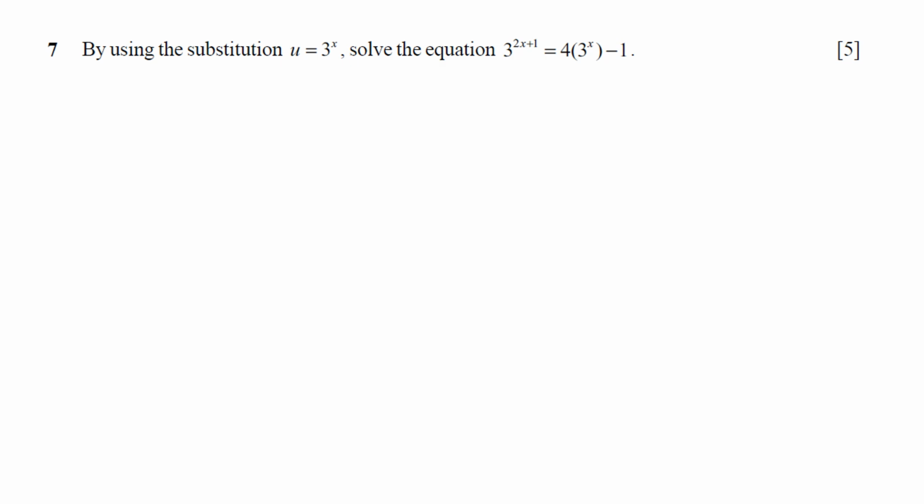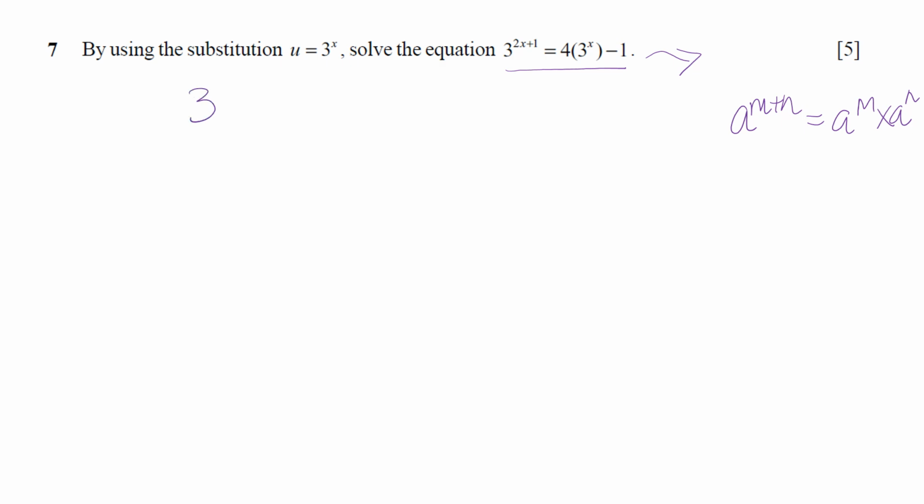I like chapters on indices. All right, so let's do 7. By using the substitution u equals 3 to the power of x, we're supposed to solve this equation. So what is the concept involved here? Yes, the rules of indices. You must know all these things inside your head by now. Basically what we're going to apply is this one here, very useful when you do this sort of question.